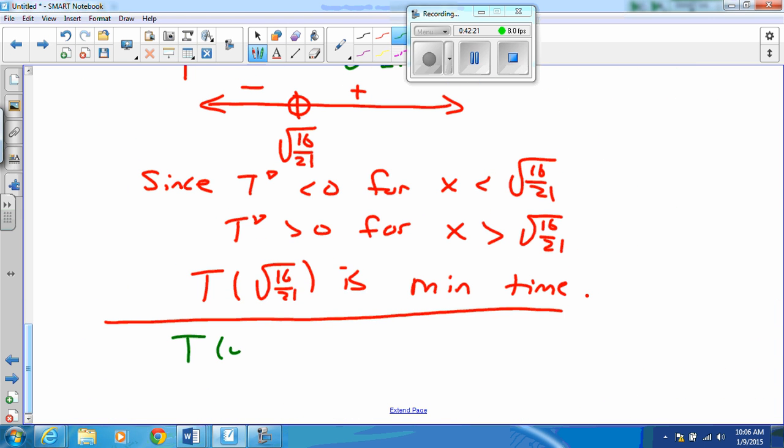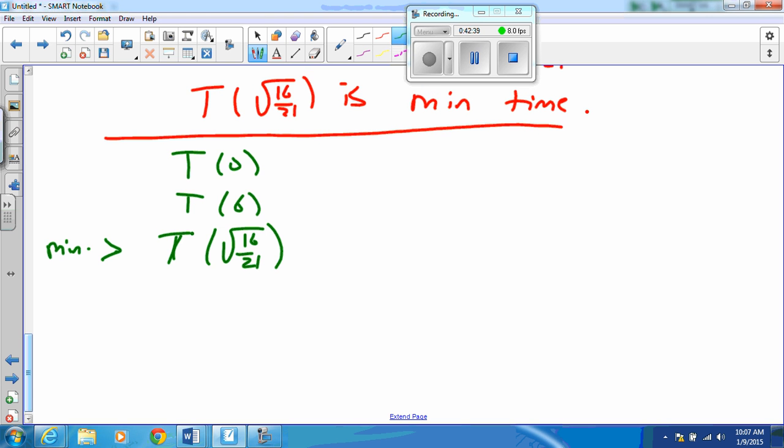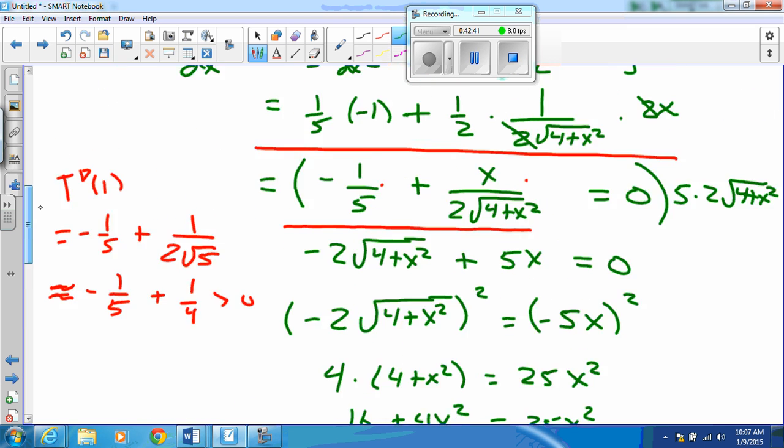And so if I were to evaluate t of 0, t of 6, and t of root 16 over 21, then I would find that this is the largest time, this is the smallest time right here.